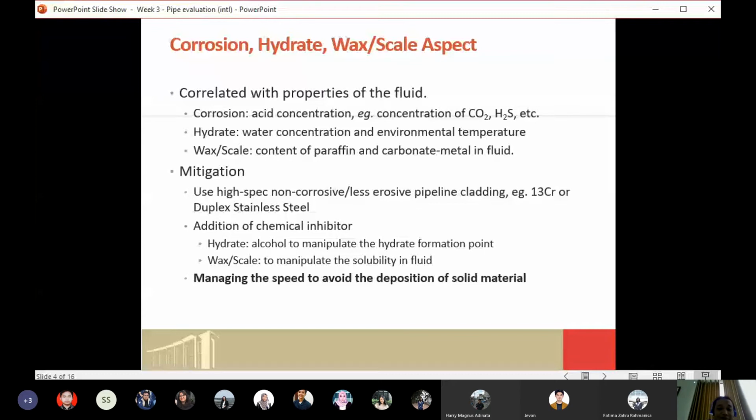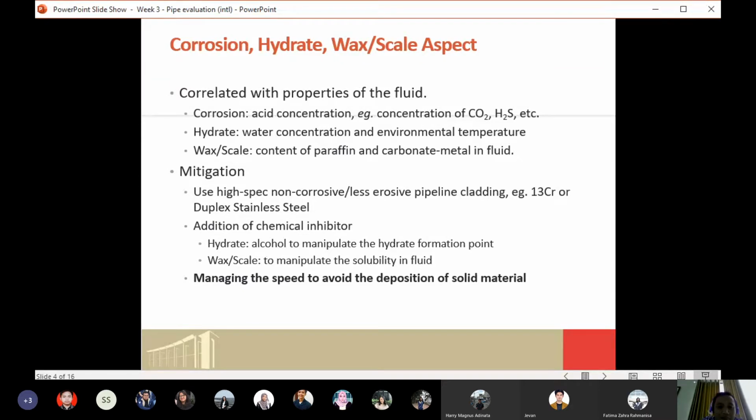The wax is similar. We can manipulate the solubility of the wax by changing the temperature. Besides temperature, we can also play with the pH. The pH will also make a difference in terms of solubility. Sometimes higher pH will increase the solubility, but sometimes lower pH gives higher solubility, so it depends on the chemical that we play with.